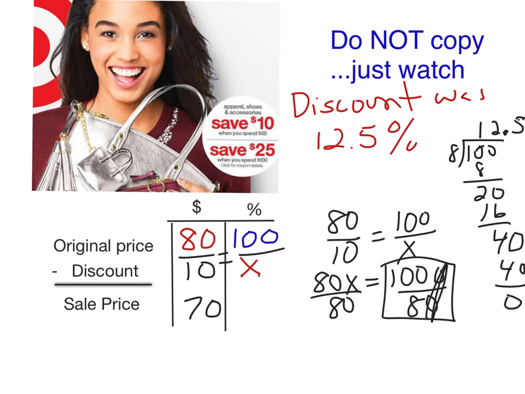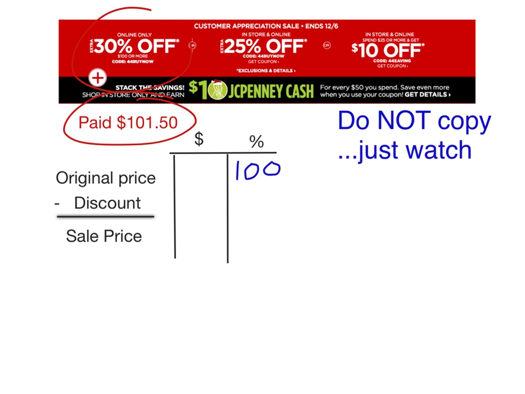Okay, so I walked out of JCPenney's and I had paid $101.50. So that means I know they use this 30% off coupon because it says $100 or more. So my sale price, I would put 101.5.